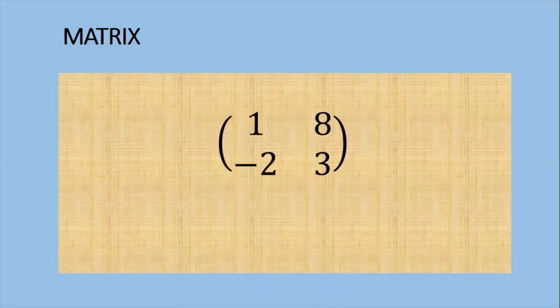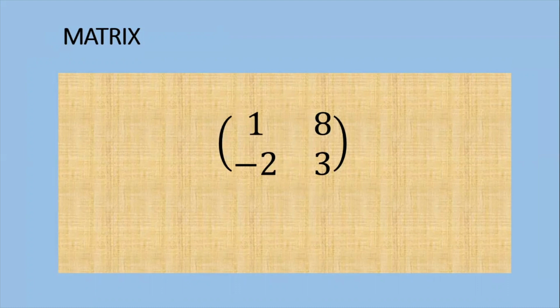Okay, let's see an example now. Well, you've got a matrix. The matrix contains numbers 1, 8, minus 2, 3, right? So these numbers are called elements. What do we mean by the rows and the columns?